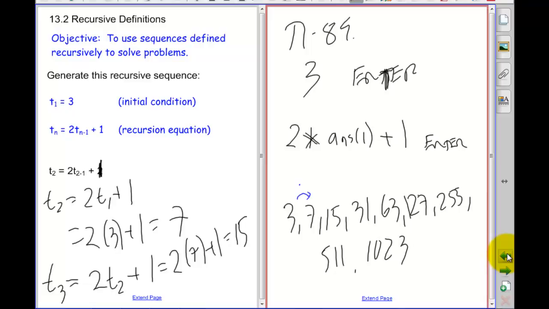You go up 4, up 8, up 16, up 32. So it's not following a pattern, so there's no polynomial expression.